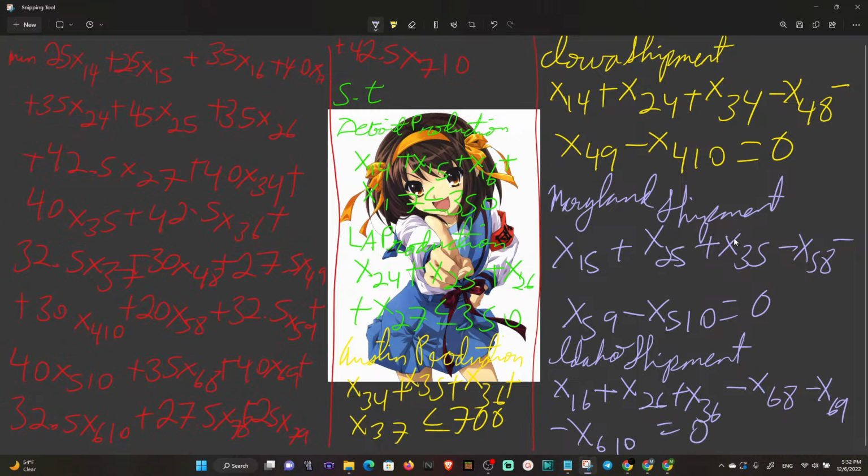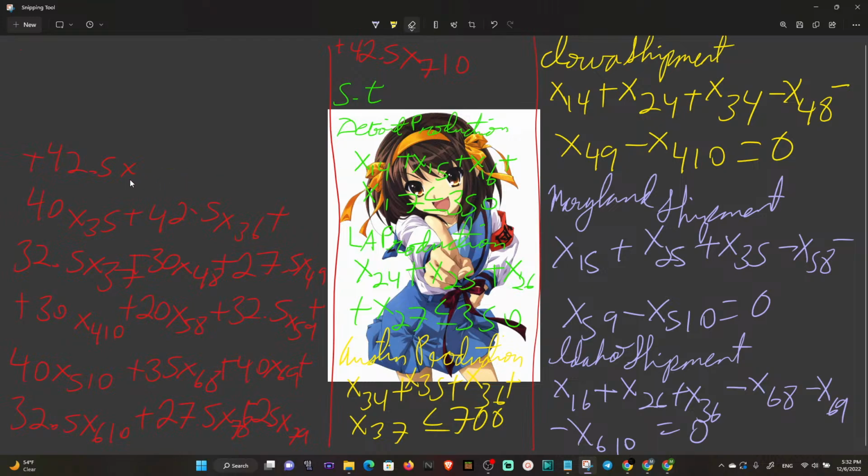Does anyone have questions so far? There's one thing I need to clarify about the red ones. Is everything a plus sign, no subtract?